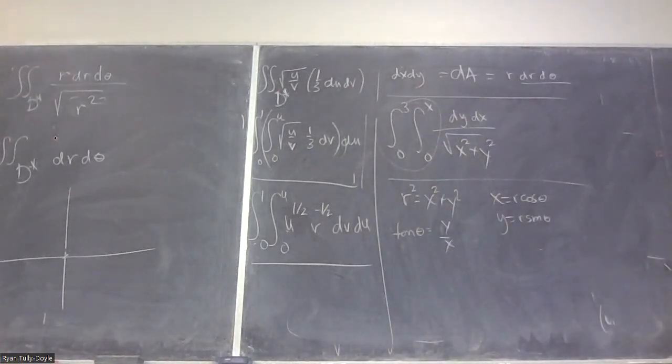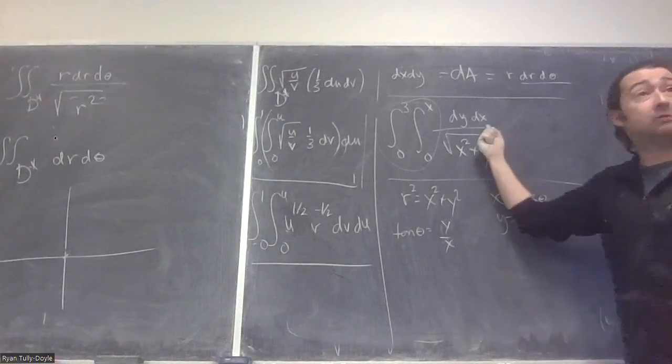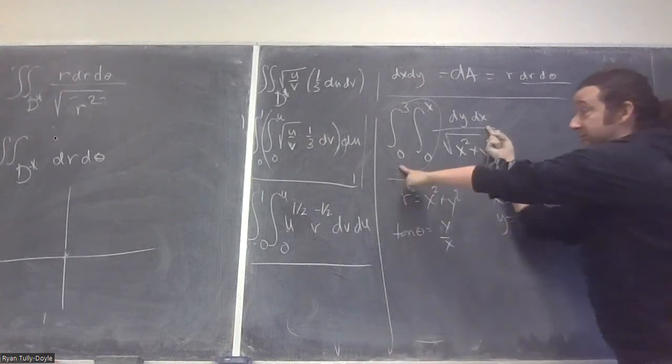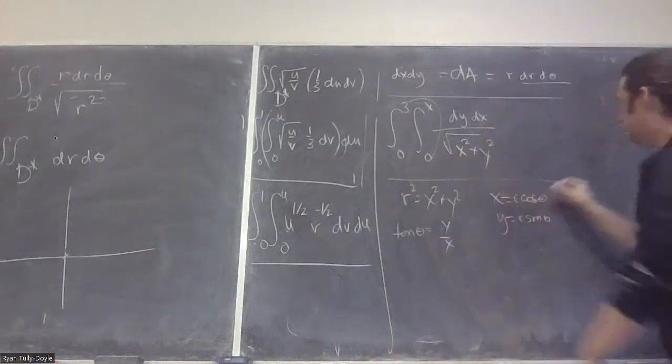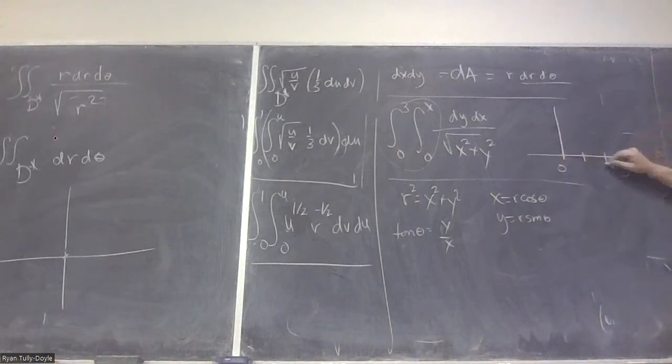What are the possible x values that are being used here? 0 to 3 or 0 to x? 0 to 3, right? dx is the outside variable. Those are x values. Okay, so go from 0 to 3. And then for each given x value, what do the y values do?